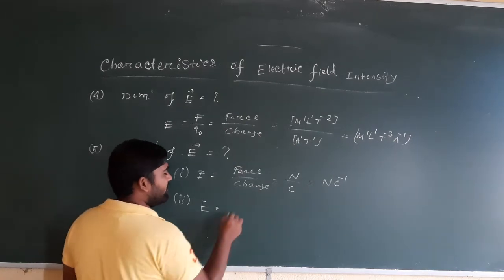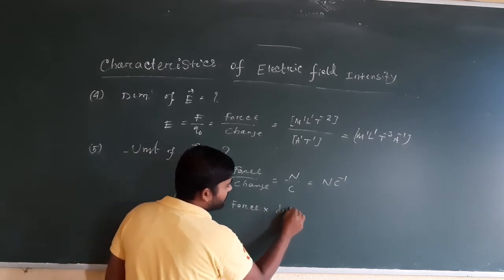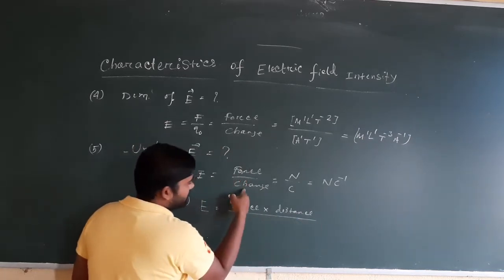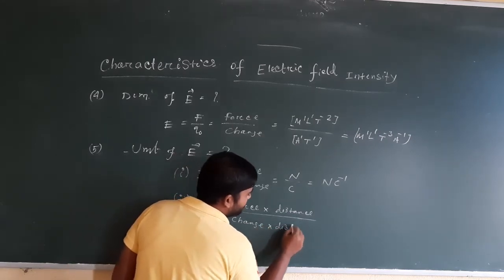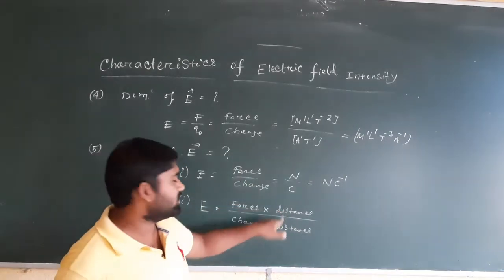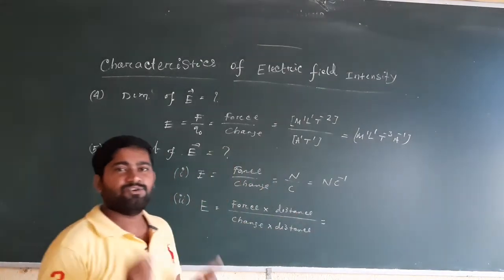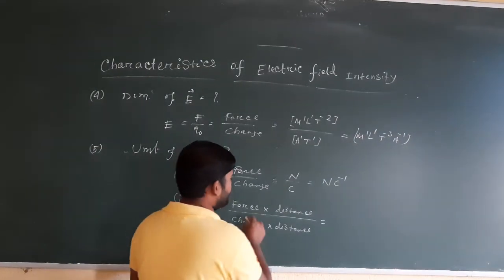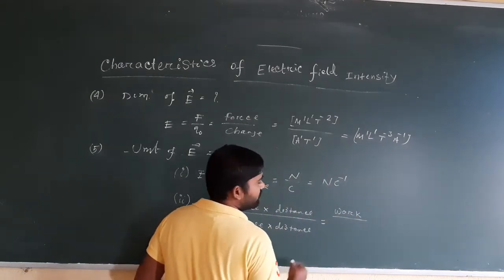Suppose I multiply the force by distance in the upper part, and in the lower part, the charge is also multiplied by distance. So what do we get? Force into distance is work or energy, divided by charge into distance.